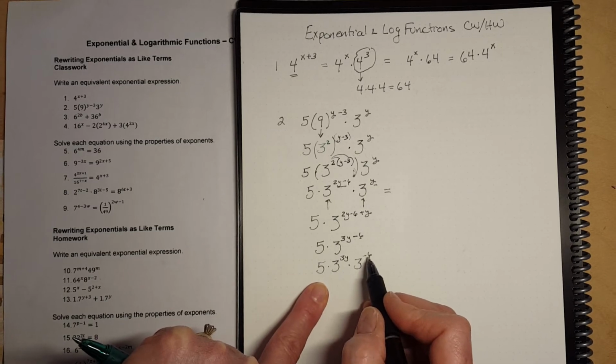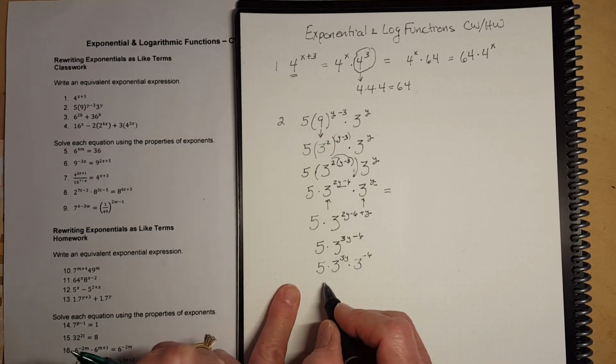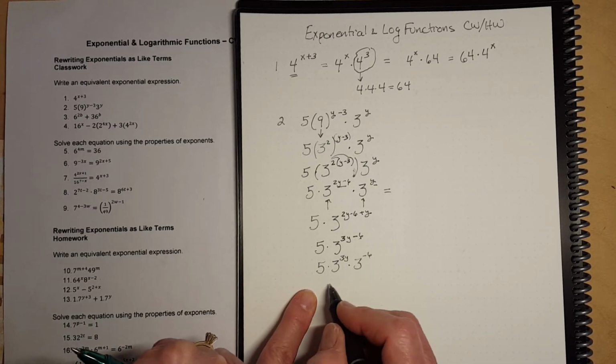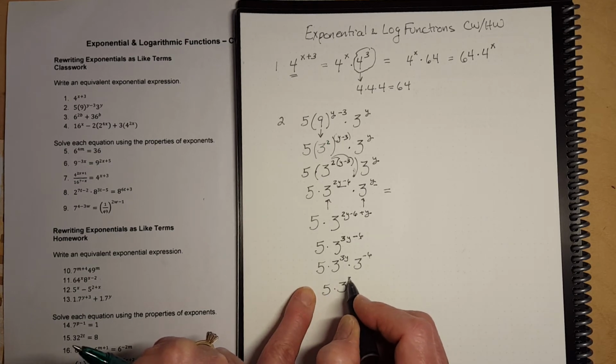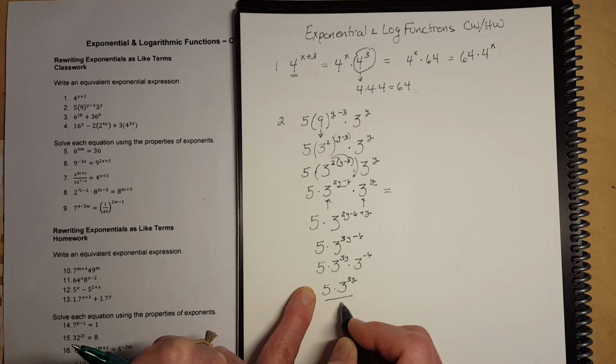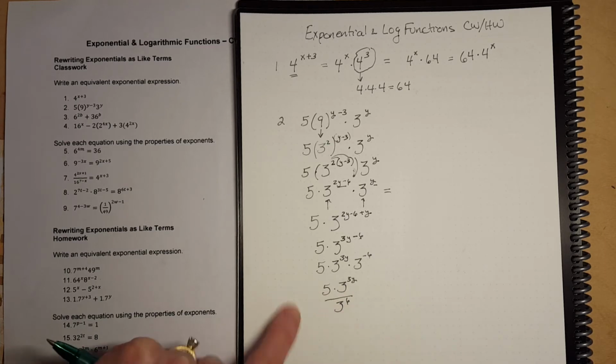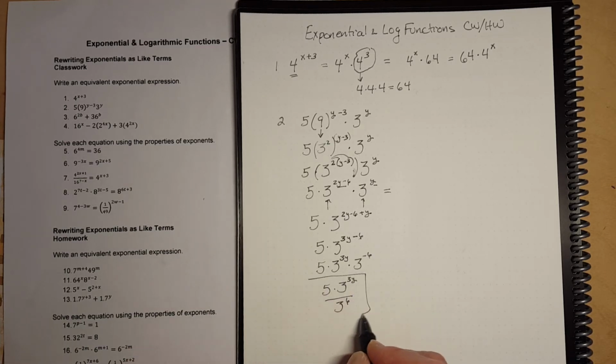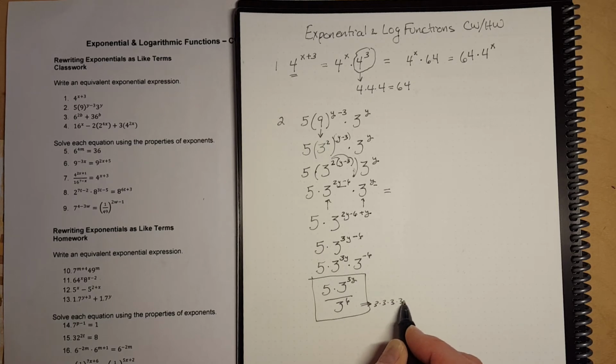But we know negative 6 means 1 over 3 raised to the 6. So we have 5 times 3 raised to the 3y divided by 3 to the 6th. And that's a good enough answer. But since it's 3 raised to the 6, we know that this part here is 3 times 3 times 3 times 3 times 3 times 3.